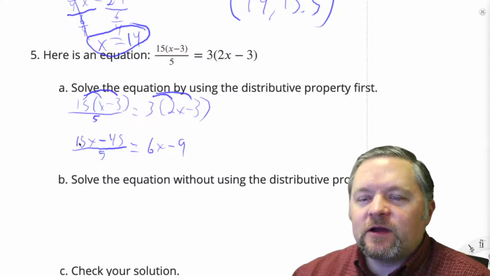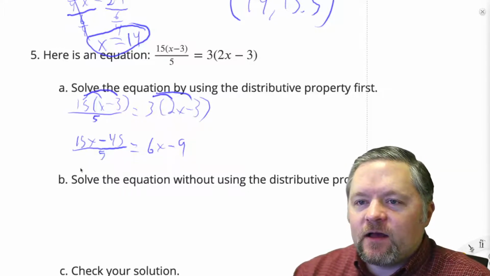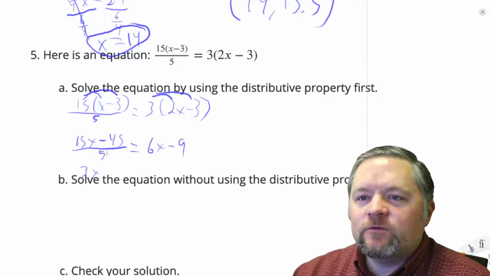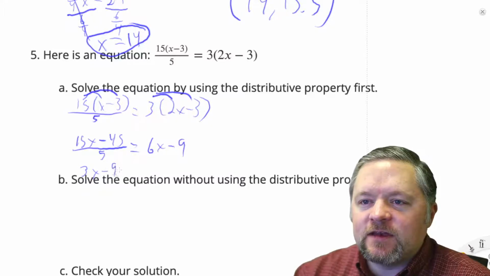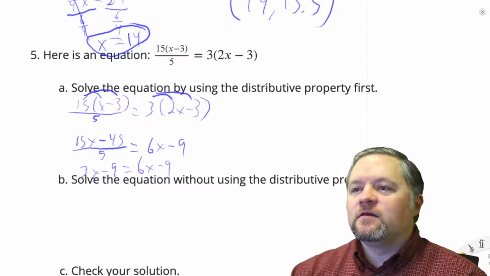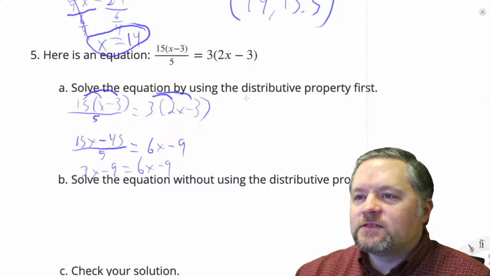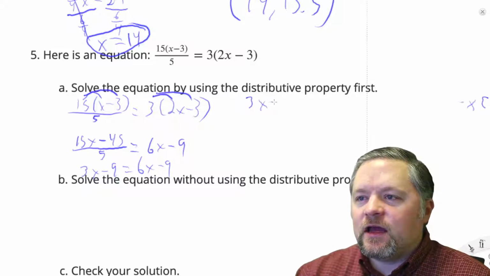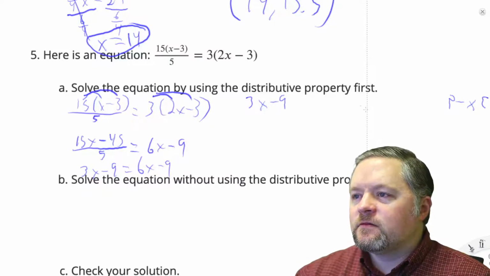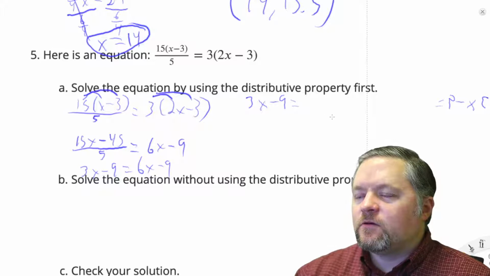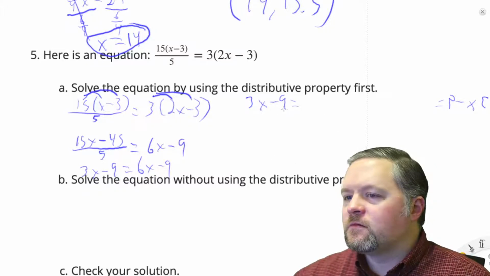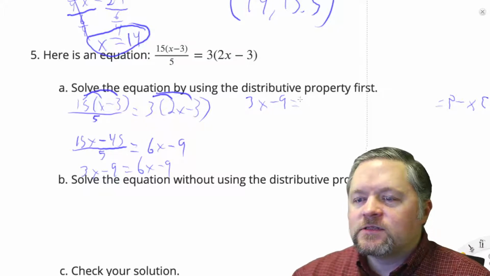Now let's divide by 5. 15x divided by 5 is 3x, and negative 45 divided by 5 is negative 9, equals 6x minus 9. I'll write this up here again. 3x minus 9 equals 6x minus 9.